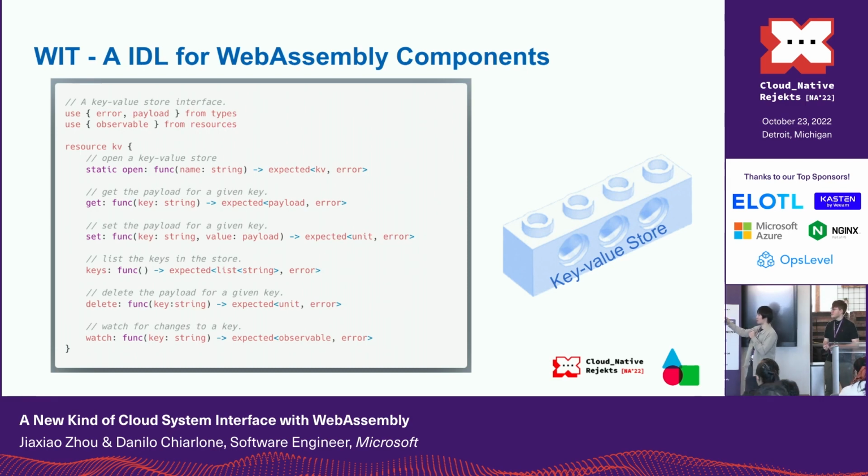It starts with a resource called key value, and it has a bunch of operations: get, set, keys, list keys, delete, and watch. And we have other capabilities also written in WIT files. The point is that these are interfaces, and anyone can write an implementation for those interfaces. The slide introduced by Dan is an example of a host implementation for those interfaces.